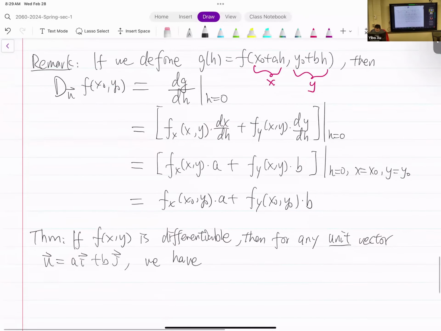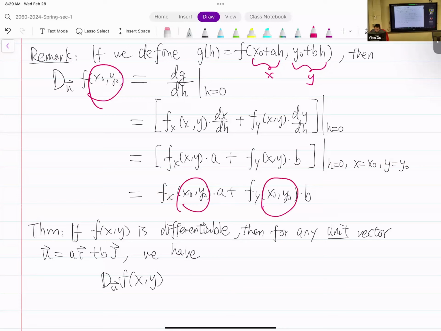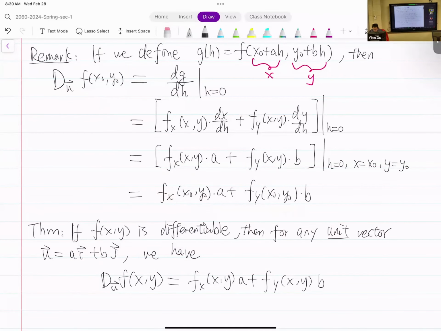Okay, so we have the directional derivative along the direction u of f. Here we just replace x0, y0 with just the x, y pair. Okay, so that can be done, right? This equals f sub x at x, y times a plus f sub y at x, y times b. Here we just replace the circled pair with the general point, because this is true for any point.